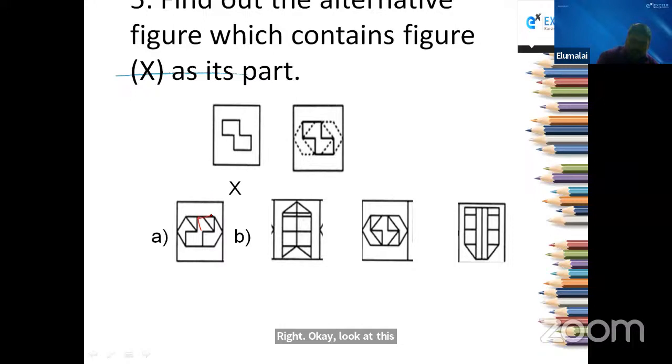This one is here, this one is here. This one is here. Actually, it is there in reverse domain. So this is the correct answer.